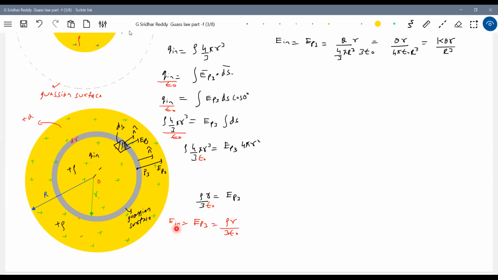Look at now the field. As small r increases, the field strength will also increase, no? It will be maximum on the surface. So if I go for the variation, how will the electric field vary? Outside it will be decreasing.